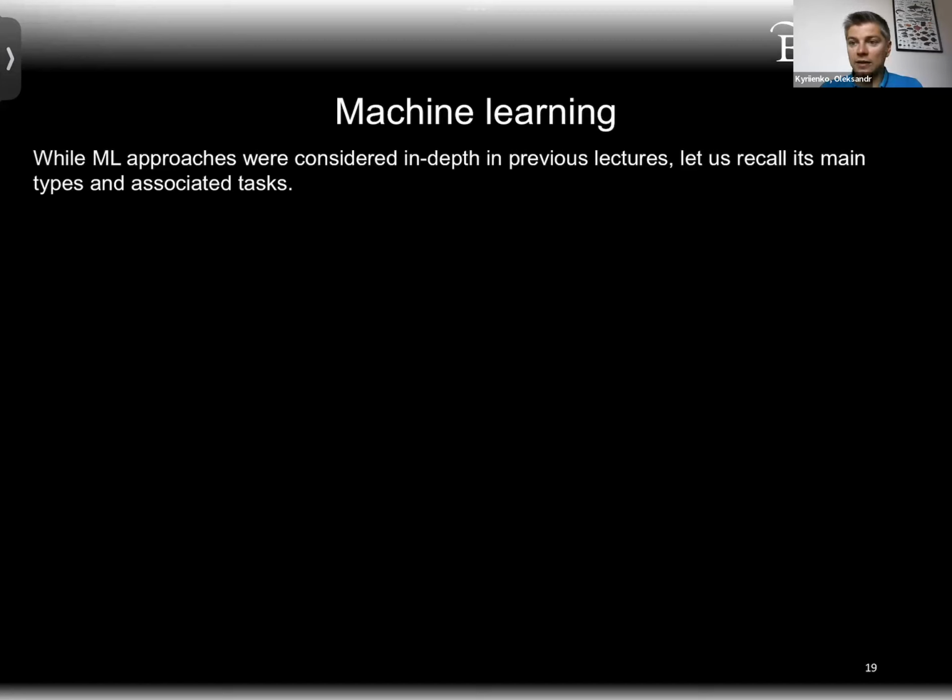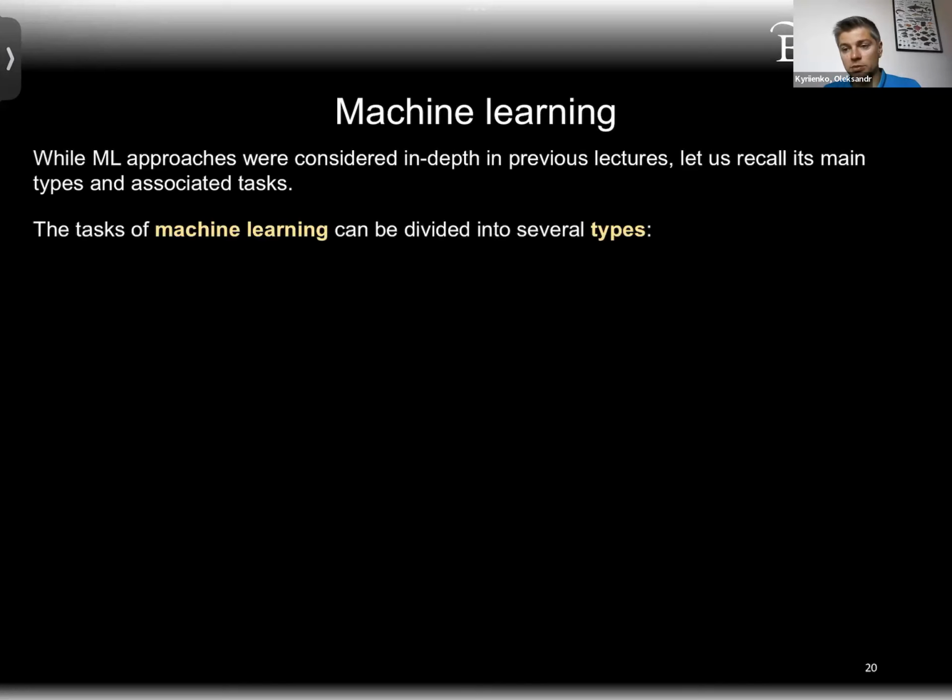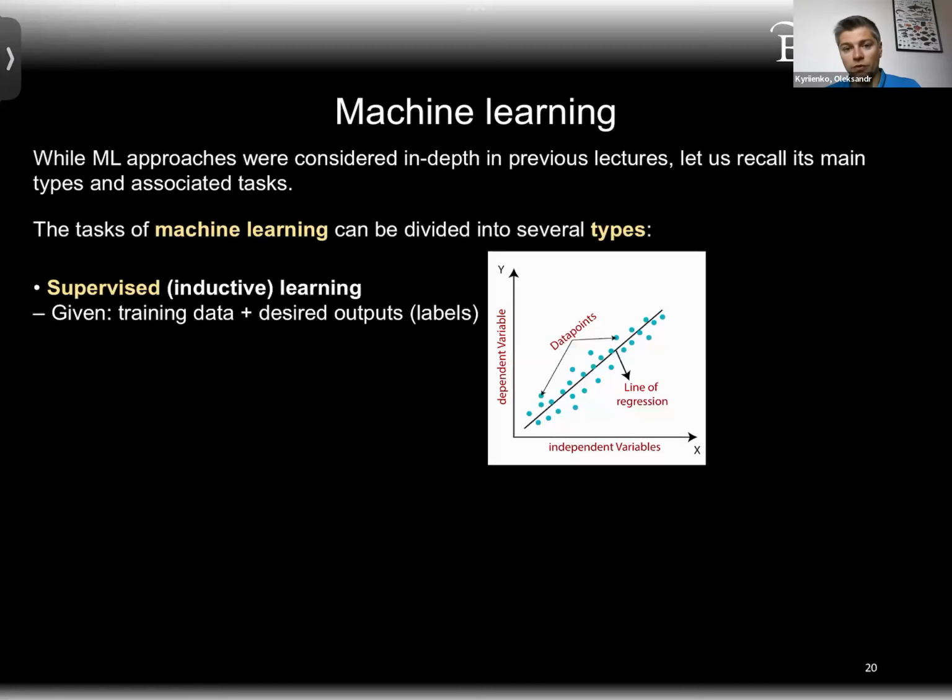So now that we know the toolbox, let's just see where we are going to apply it. And for this, we'll need to return back to classical machine learning and see what are the tasks of machine learning. And this will be based on several types. So first one is supervised learning. You are given not just data, but you're also given the desired outputs.